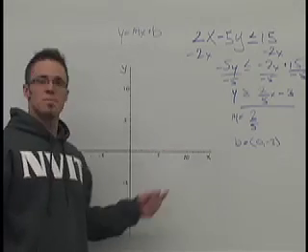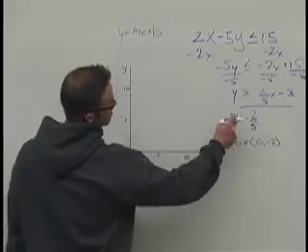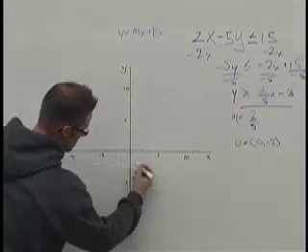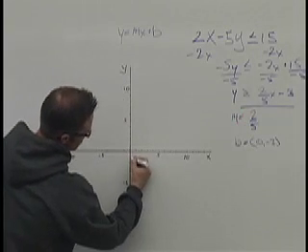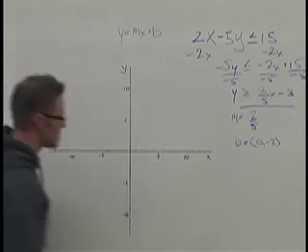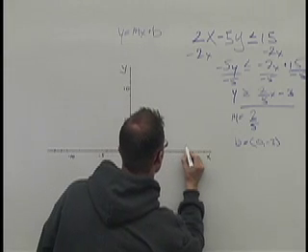Now we're going to use our slope to plot the rest of the points. Remembering that slope is actually rise over run, so we're going to go up 2 and over 5. That's our first point. We go up 2 more, over another 5.